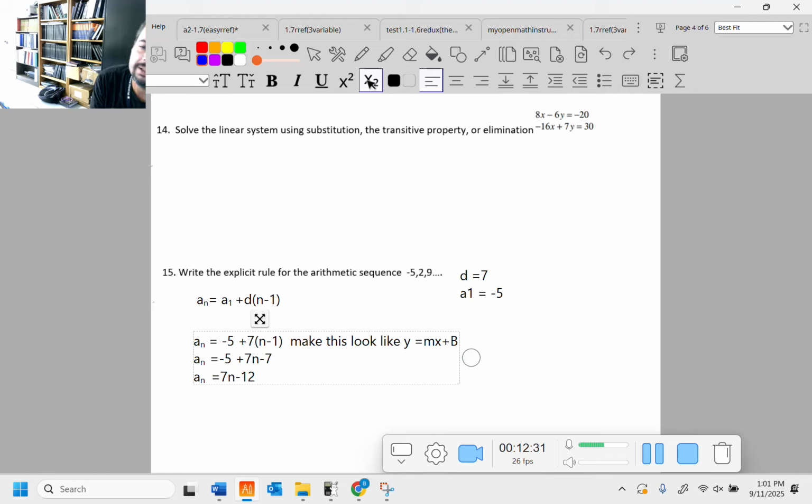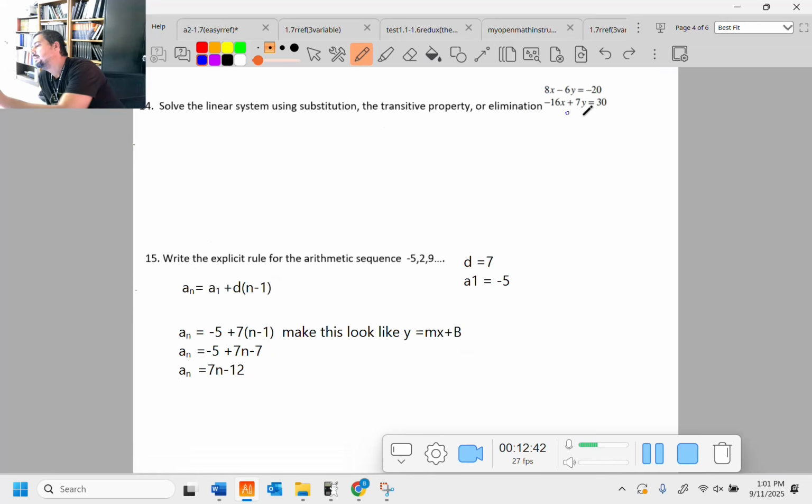14, solve the linear system using substitution, the transitive property, or elimination. Of course, if you know me, you know darn well I'm playing the elimination game. So I'm going to double the top equation and make it 16x minus 12y equal to -40.